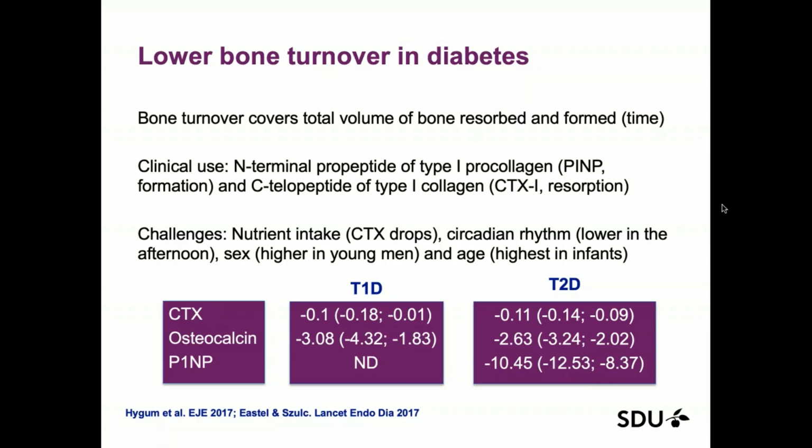Another marker of bone formation, osteocalcin, is decreased as well, and they report that P1NP is decreased in type 2 diabetes, reflecting lower bone formation. There's not, in this study at least, any convincing change in type 1 diabetes with regard to P1NP, but that has been shown in other studies.